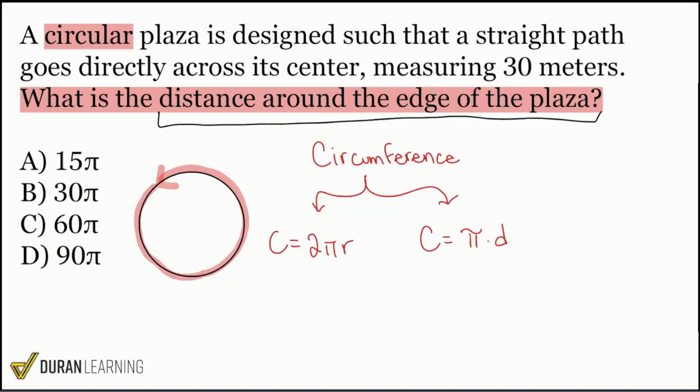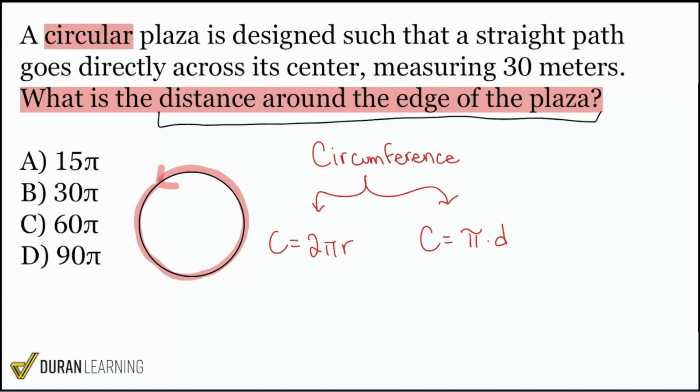It says a circular pizza plaza, or a circular plaza, sorry, I'm hungry. A circular plaza is designed such that a straight path goes directly across its center, measuring 30 meters. Ooh, that's pretty particular there, right?